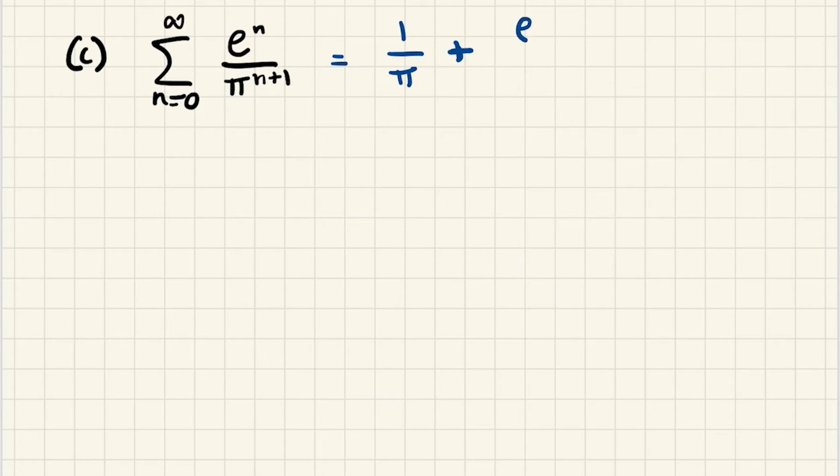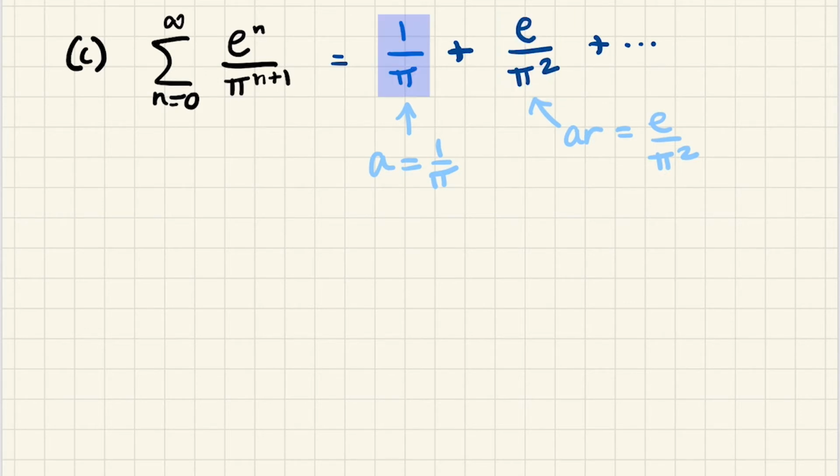So we're going to get e to the first power over pi squared. And then there's more stuff after, we don't care. So here's our a. And this is ar. So taking the second term and dividing by the first term, you're going to get your r value. So r is e over pi.